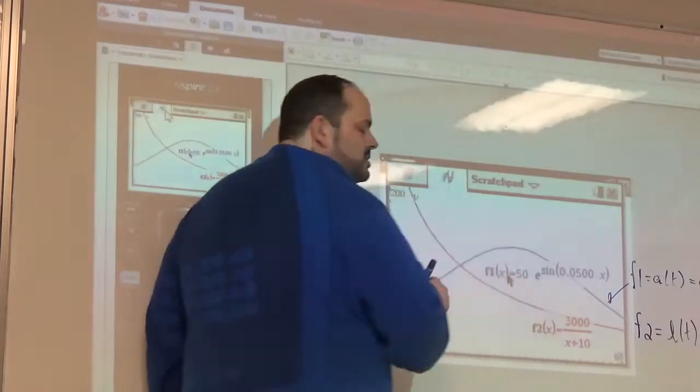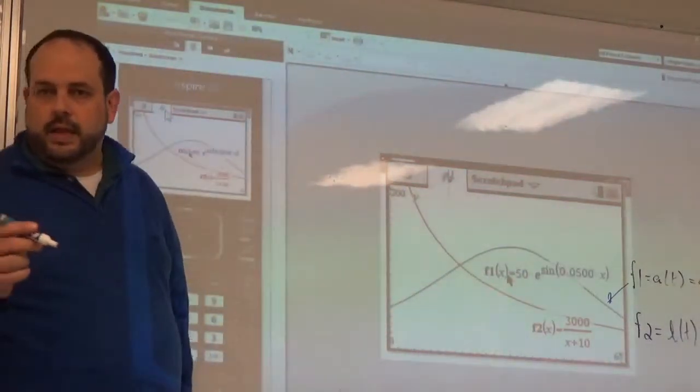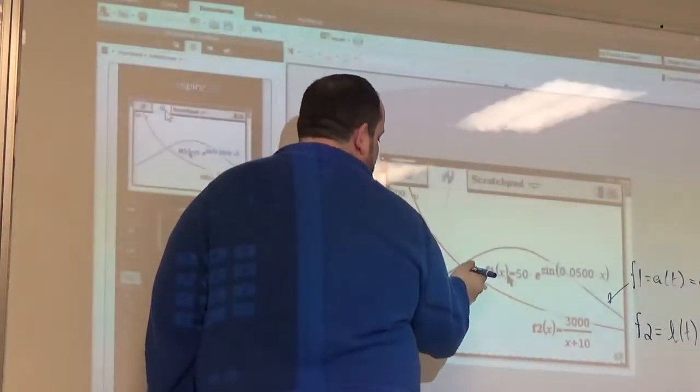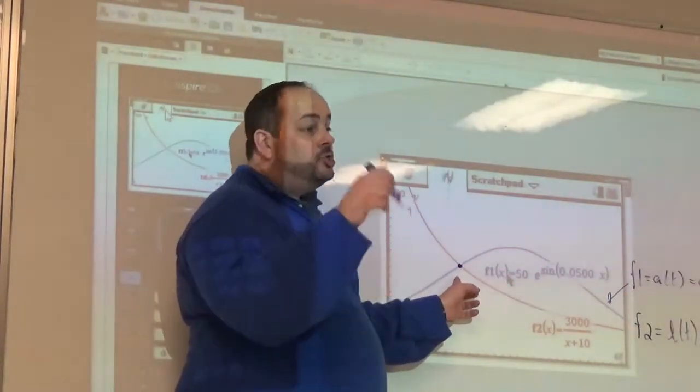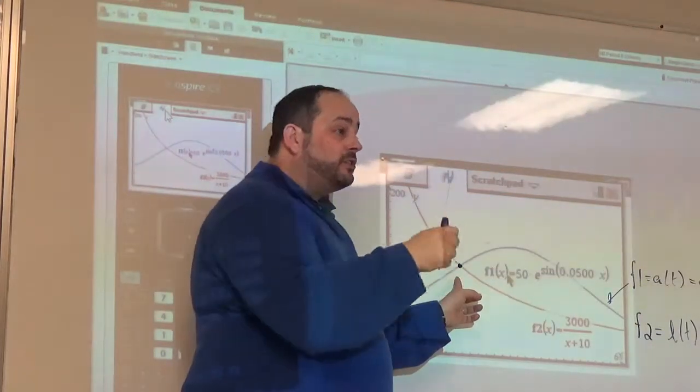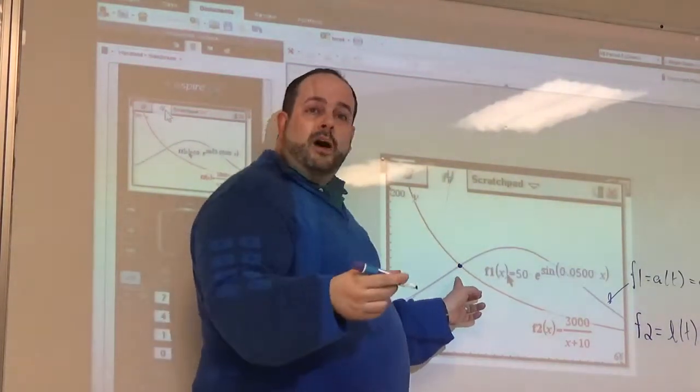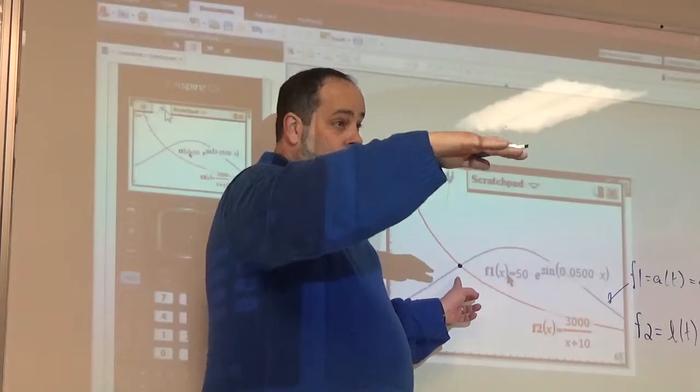Increasing. Where does the switch happen? At the intersection, because at the intersection, the way we're going to interpret that is water is going in just as fast as water is coming out. So the water level just stays constant.